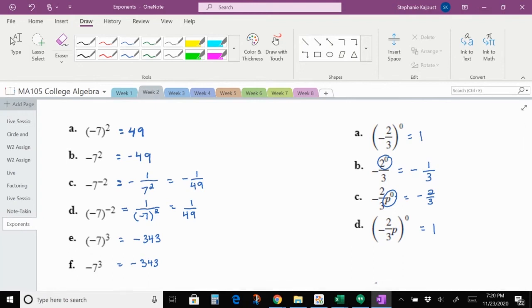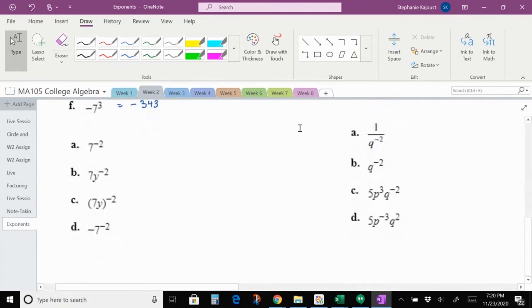So where your exponent is located, whether there are parentheses or not, makes a huge difference in how you simplify it. So let's do A here on the right, because this will be a good one.